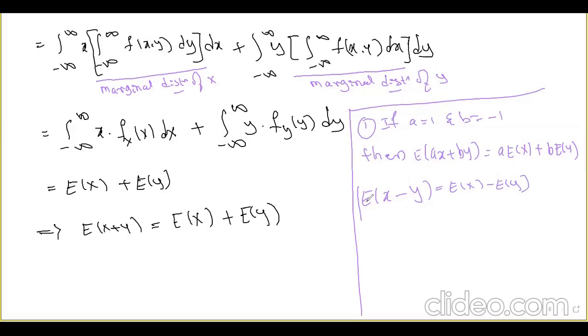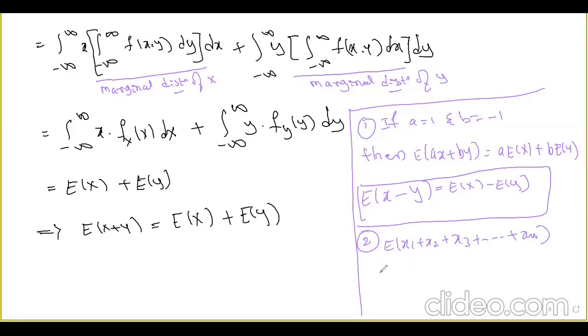So this is also true. Then the second remark: in general, the expected value of x1 plus x2 plus x3 and so on up to xn is equal to the sum of their individual expectations, that is, expected value of x1 plus expected value of x2 plus expected value of x3 and so on up to plus expected value of xn.